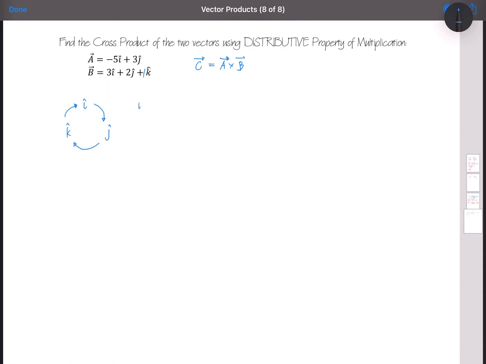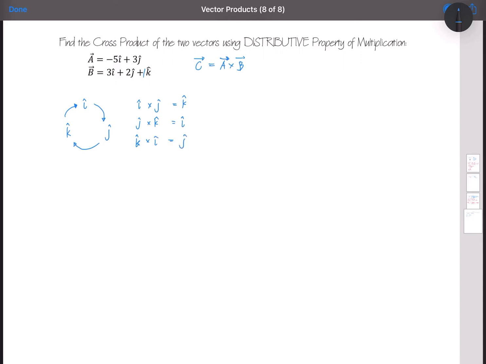Say for example, i hat times j hat is equal to k hat. At the same time, j hat times k hat is equal to i hat. Lastly, k hat times i hat will give us j hat.